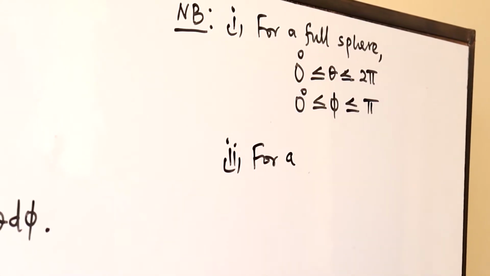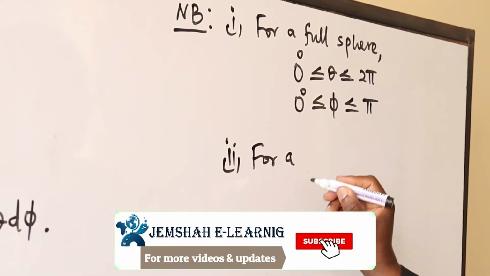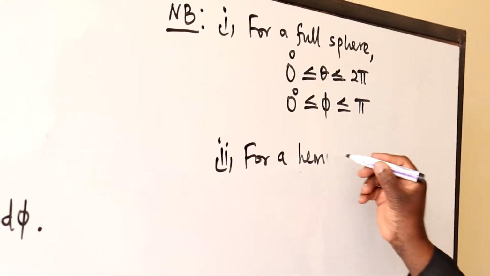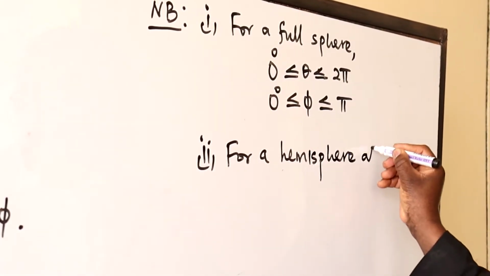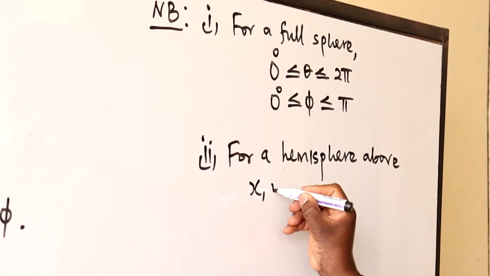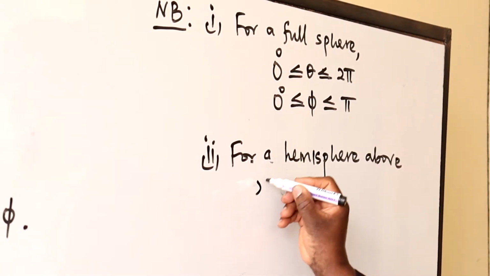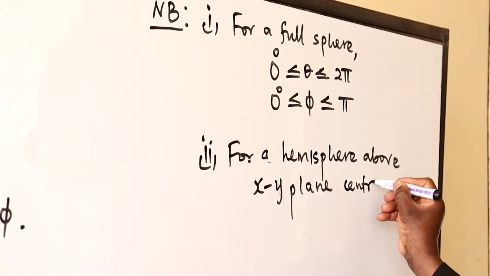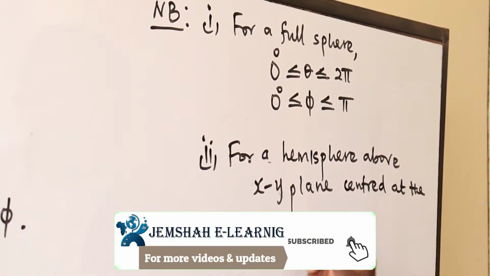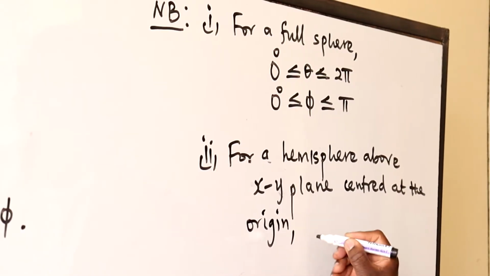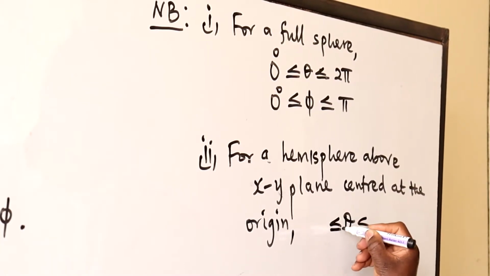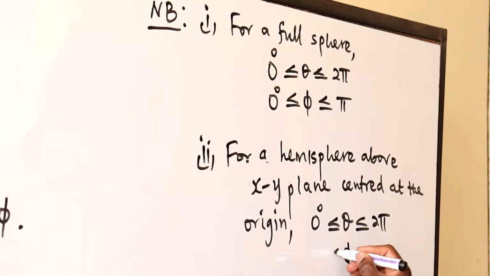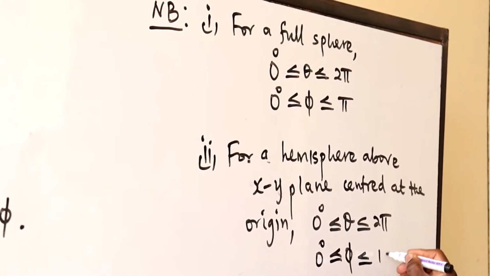For a hemisphere above the xy plane, centered at the origin, theta will be changing from 0 degrees to 2 pi, and phi will be changing from 0 degrees to pi over 2.